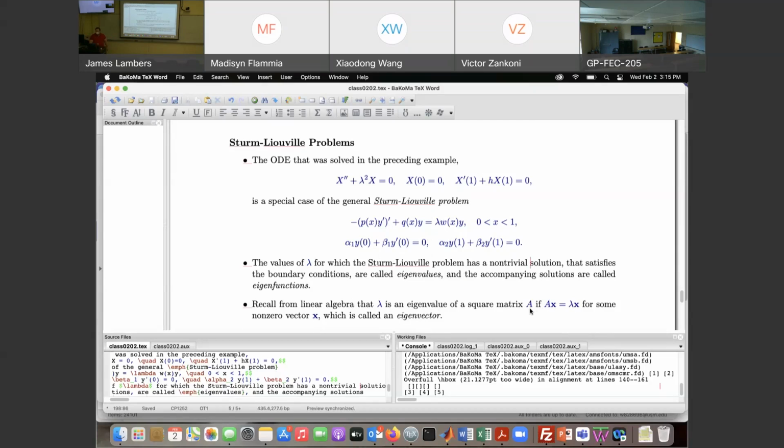In this case, your linear operator is an n by n matrix applied to a vector in Rn. Here we have what's called a linear differential operator, something like differentiating, multiplying by p, or minus p, and differentiating again, plus multiplying by q. That is a differential operator. And the vector in this case is a function y of x.